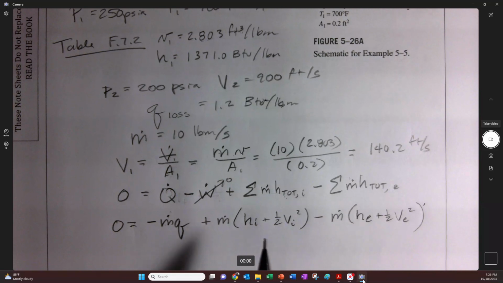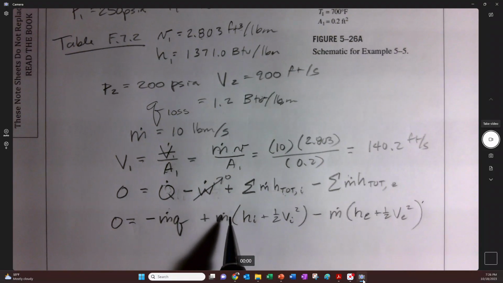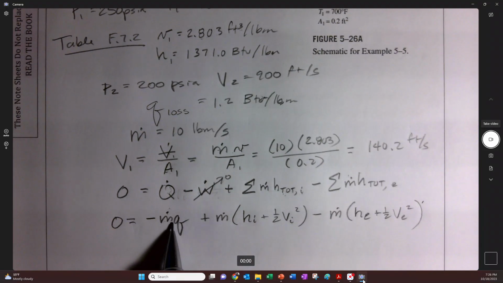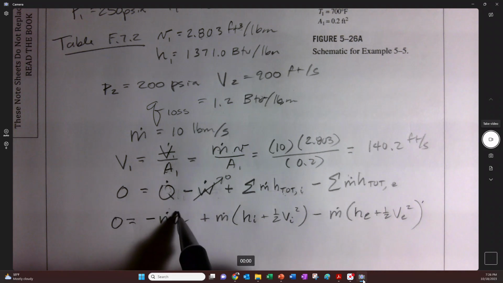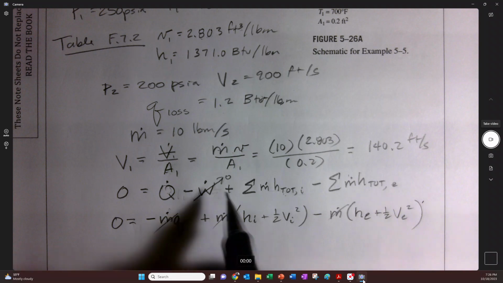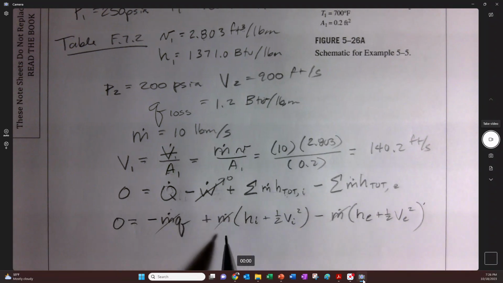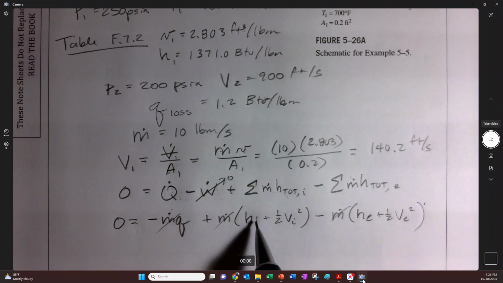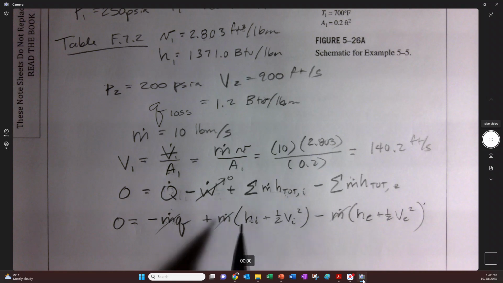Okay, so here's where we address that this is going to influence the results. Note that the M dots all cancel out here. So rearranging for this, I'm going to start out with my H in.